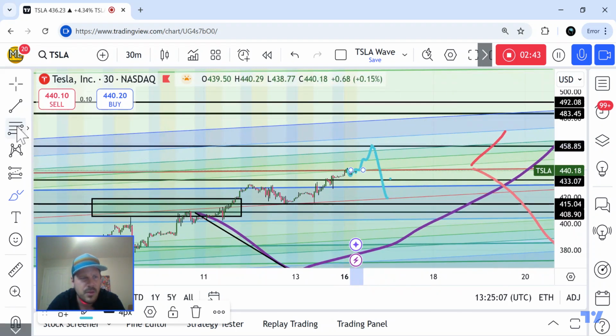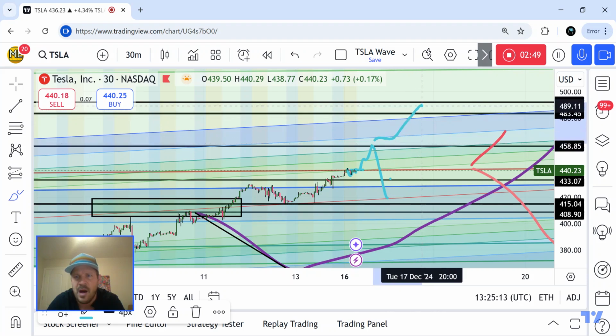Or what would happen is we just keep driving up to the 485, 490 marker. From there, definitely a correction. These are monthly levels here, so we need to see some type of interaction or retracement from it. So that's sort of what I'm seeing here.